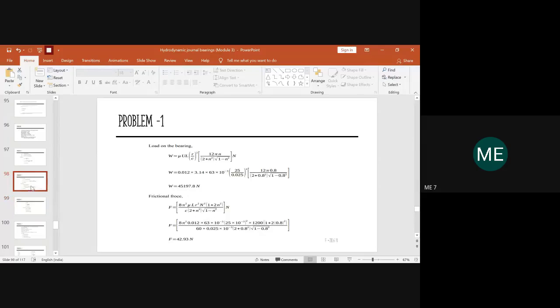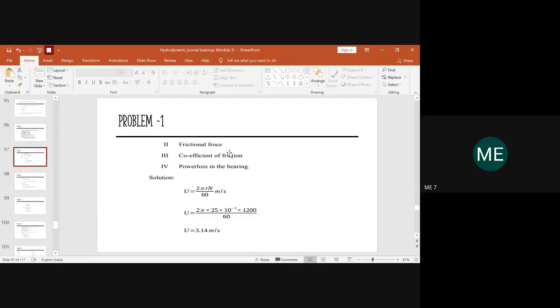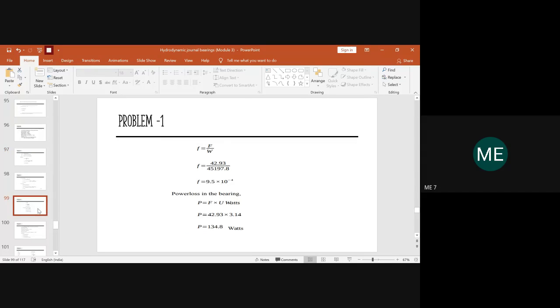So once the frictional force is done, what is the next one they have asked? It is the coefficient of friction. So you need to determine the coefficient of friction. In general, the coefficient of friction is equal to the frictional force due to the load which has been subjected.